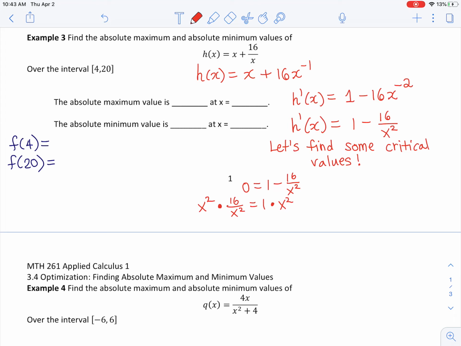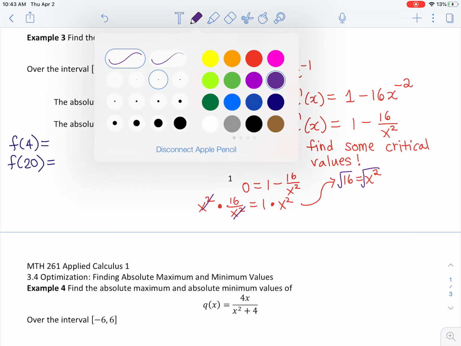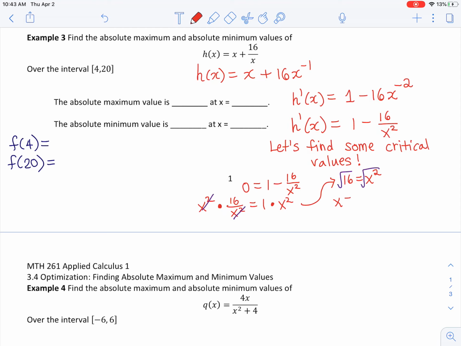Or you can say, I'm going to multiply both sides by x squared, and the x squared cancels out. I'm out of room, let me move it over here. You will have 16 equals x squared, right? Now, you take the square root of both sides at this point. But we have to be careful because we always forget about that negative case. X can be either positive 4 or negative 4, right?